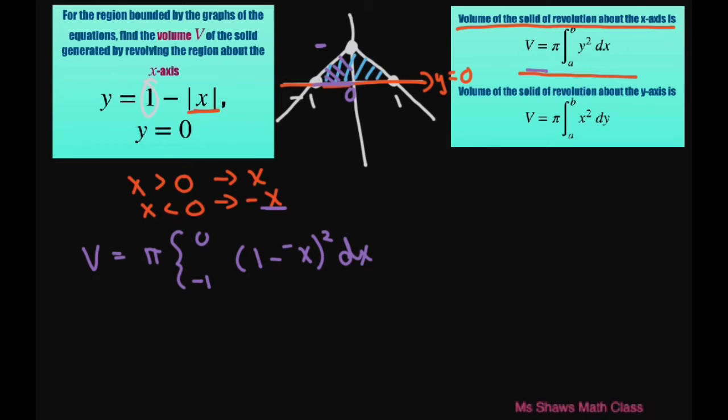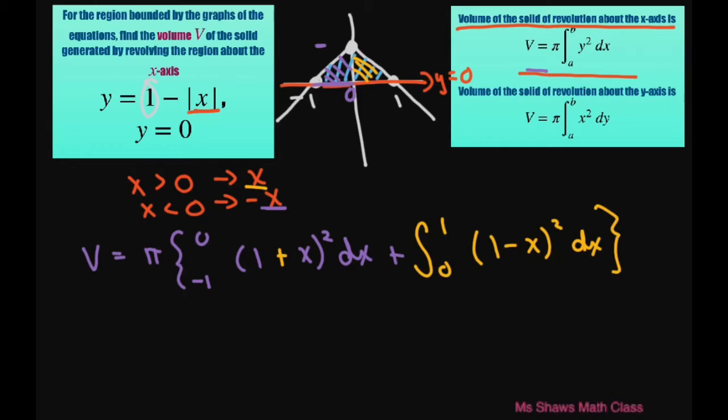And then we're going to add this other area here, from 0 to 1, when x is just positive, so you just copy down 1 minus x squared dx. So with this one, the minus and negative changes to positive.